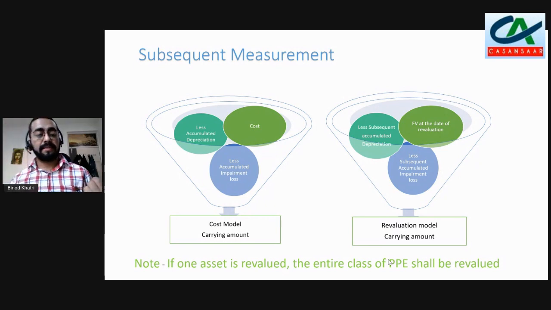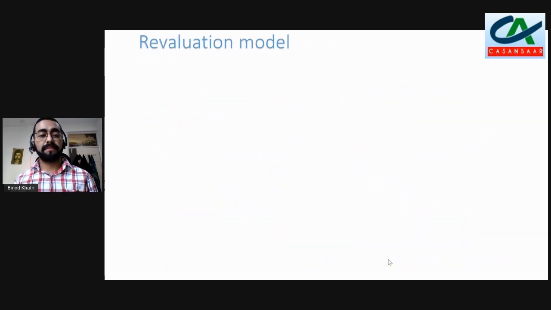But as per the accounting standard, we can't just revalue that one specific building. We need to measure all 10 buildings at fair value, or we can say under the revaluation model. That is an important thing we should consider.